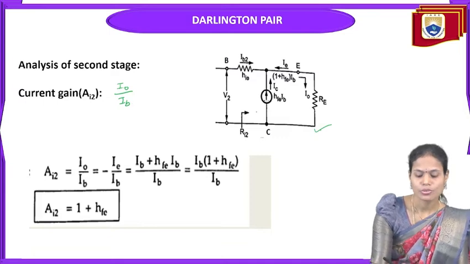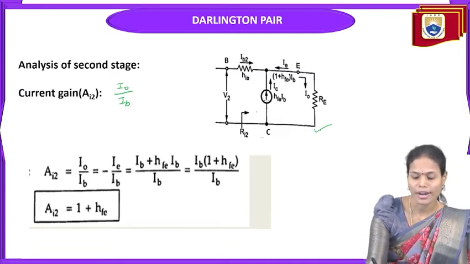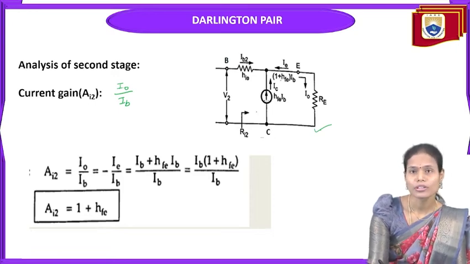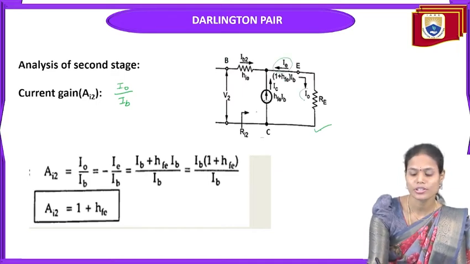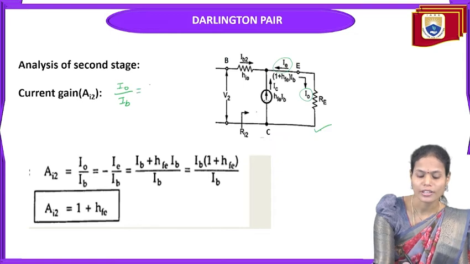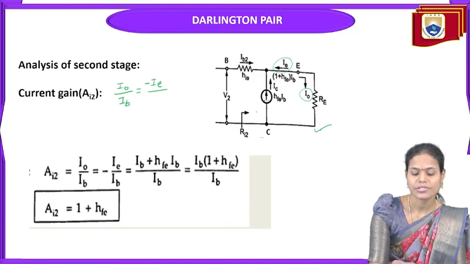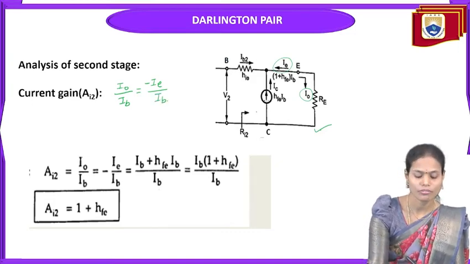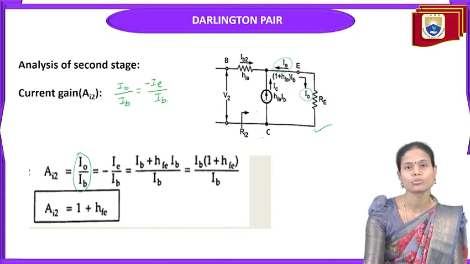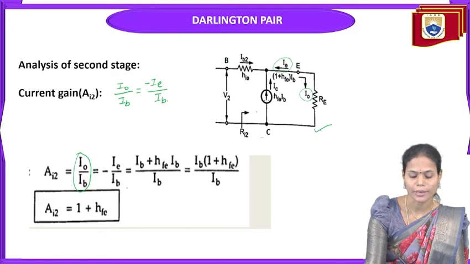In this case, the output current is I0, that is flowing through the emitter resistor RE. But actually, the current flowing through the transistor is the emitter current, and that is in the opposite direction to this I0. So that's why I am replacing I0 here with IE, and the base current and the input current are as they are. So we have to find the value of this I0 by IB to find the overall current gain of the second stage. So that is minus IE by IB.